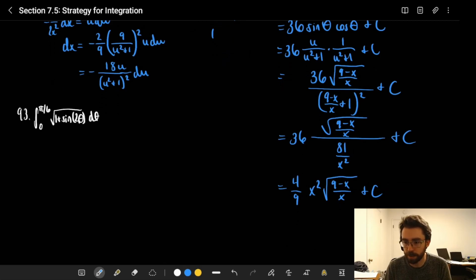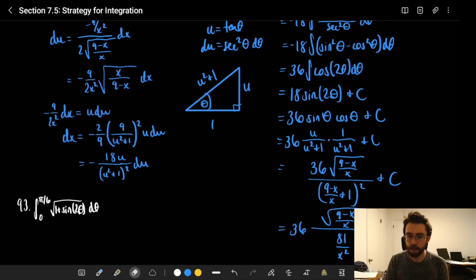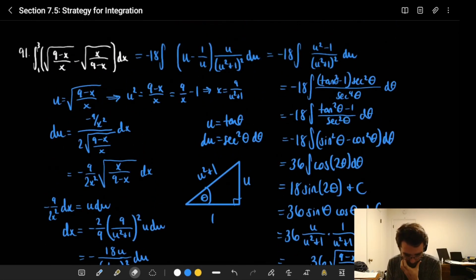This one's worth checking. Okay, I found some typos. Let's go back and try to correct them. This should have been a square root. I was going way too fast there. Then from this step to this step, I don't think there's a factor of 2 missing, so that should still be an 18, and positive 18 now.